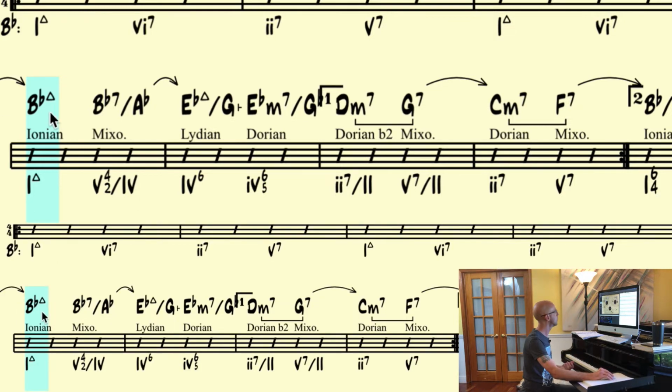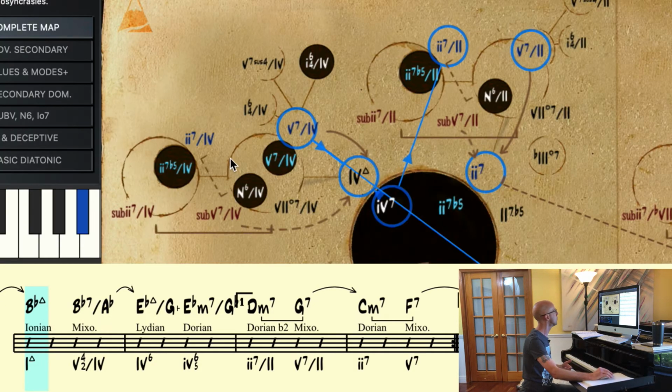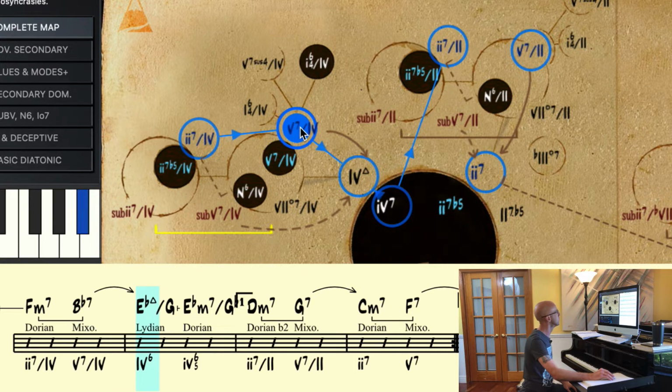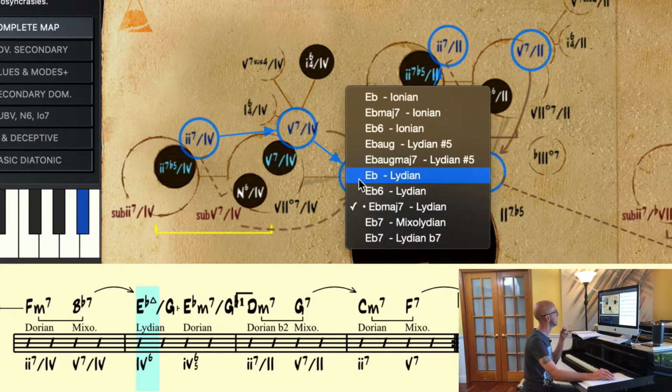So here we'll interpolate the 2 of 4, and then we'll change this 5, what was in third inversion, to a root position. And for this 4 chord, what makes a real nice resolution here is if we make it a 6, an E flat 6. So let's change this to that.